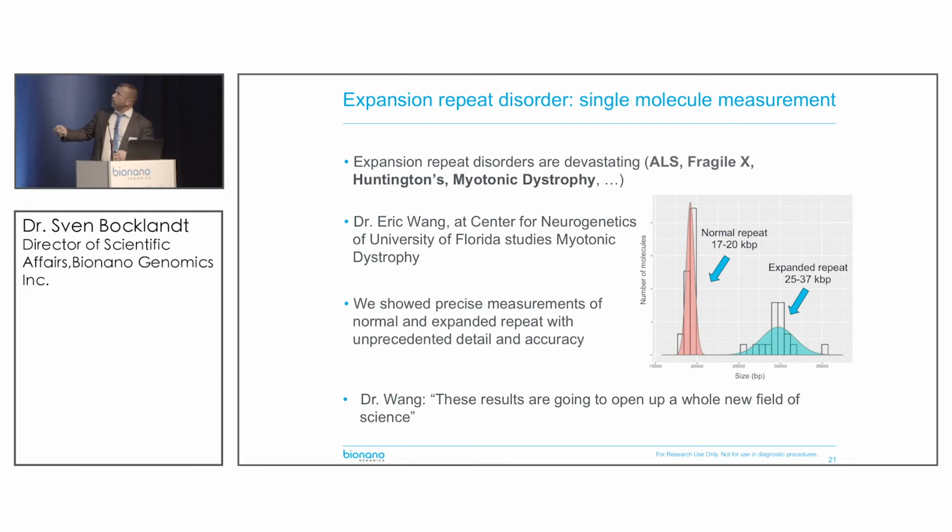You see the normal allele here having a very distinct sharp peak, and the expanded diseased allele really has a very wide distribution. And so what we were able to show is that in a muscle biopsy, this repeat is unstable, keeps expanding, and so different cells in that muscle tissue have different sizes of that expansion. They purchased an instrument just to look at this type of disease.